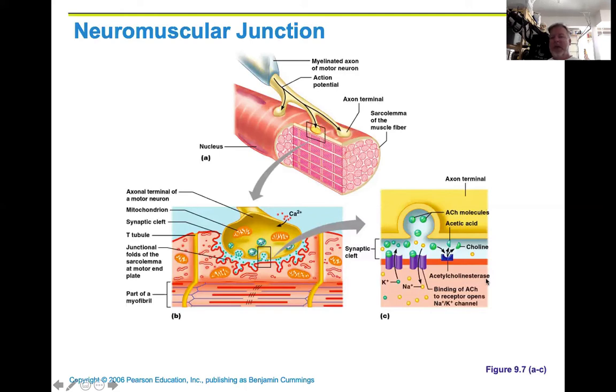We'll talk more about that when we get into the nervous system. But this destruction is going to prevent continued muscle fiber contraction in the absence of additional stimuli. So we need to control it with our brain to say, keep sending messages to that muscle to keep it contracted.